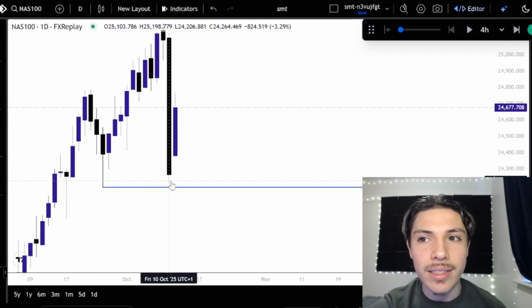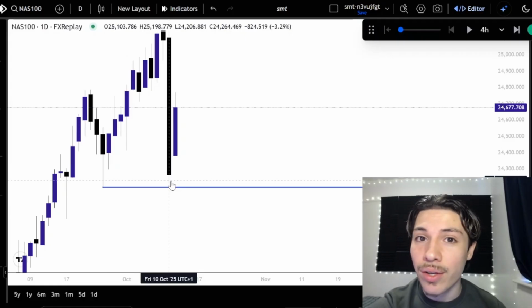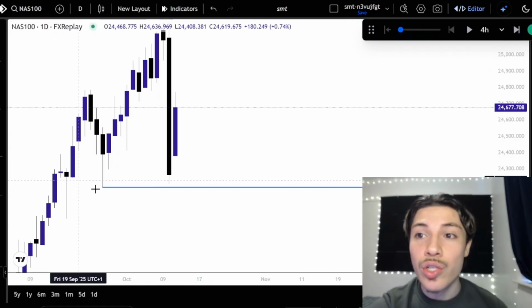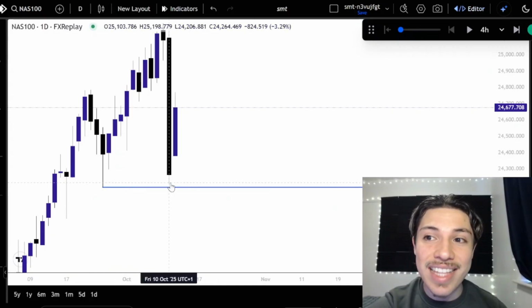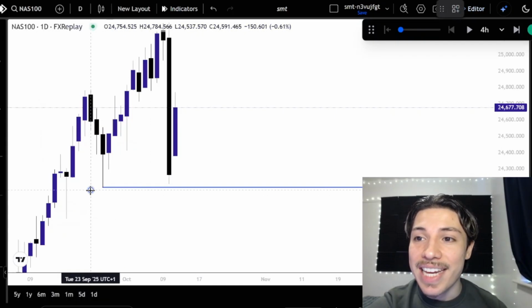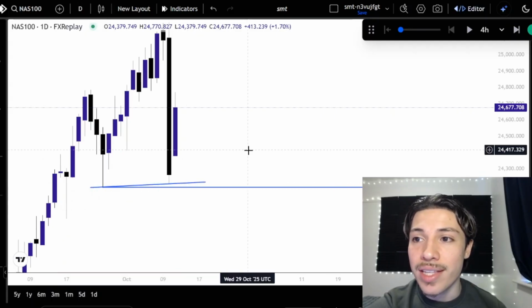Why is that the case? Well, if you remember from what I just went through a few minutes ago, this is an SMT. The S&P 500 swept out this low. The NASDAQ, however, didn't. That means that we now have a decorrelation between both of these assets.